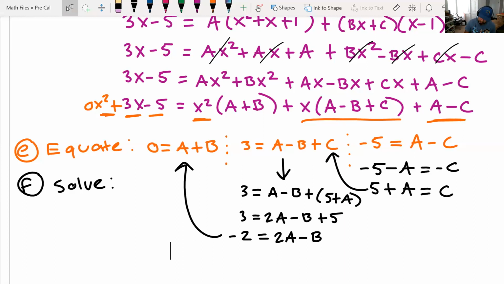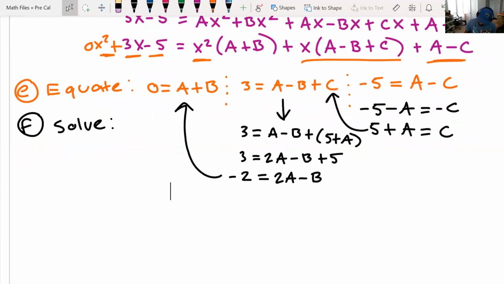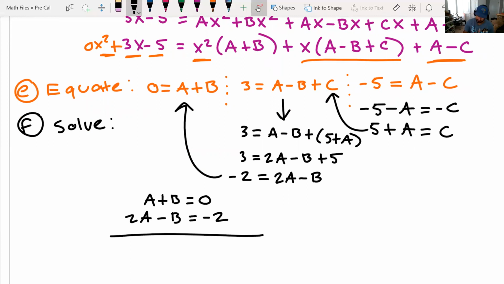So I'm going to rearrange it again: a plus b equal to 0, and create another system, which means we'll do it by the elimination method.